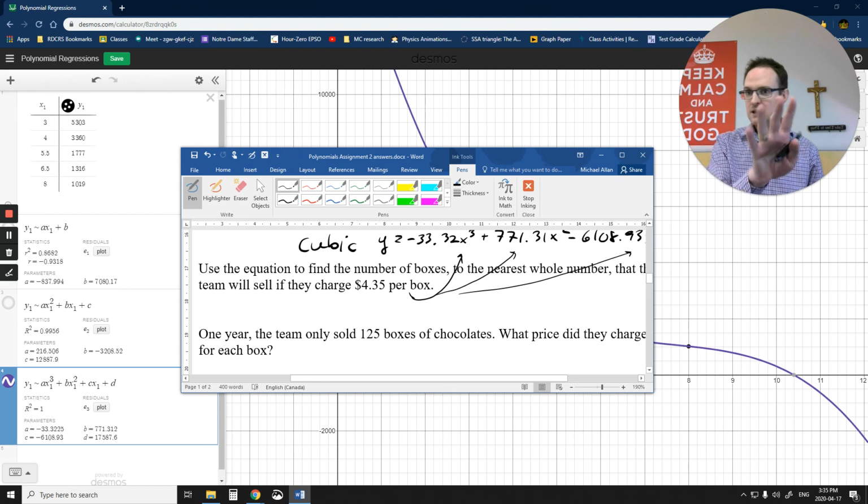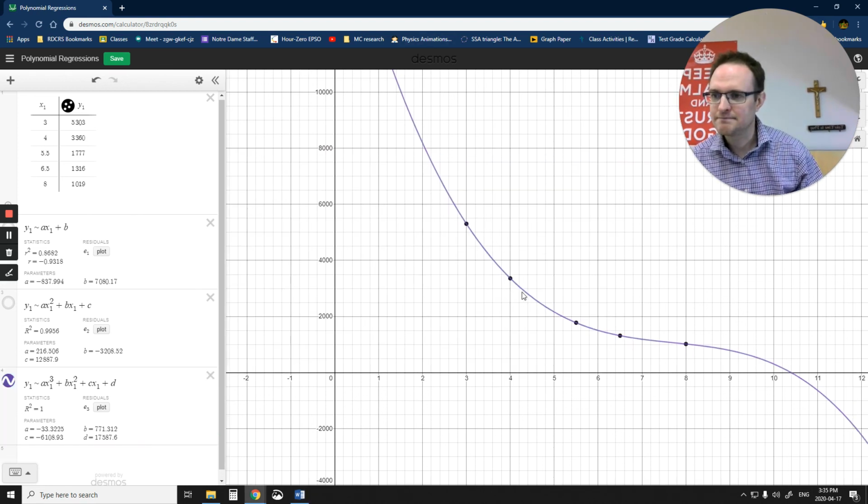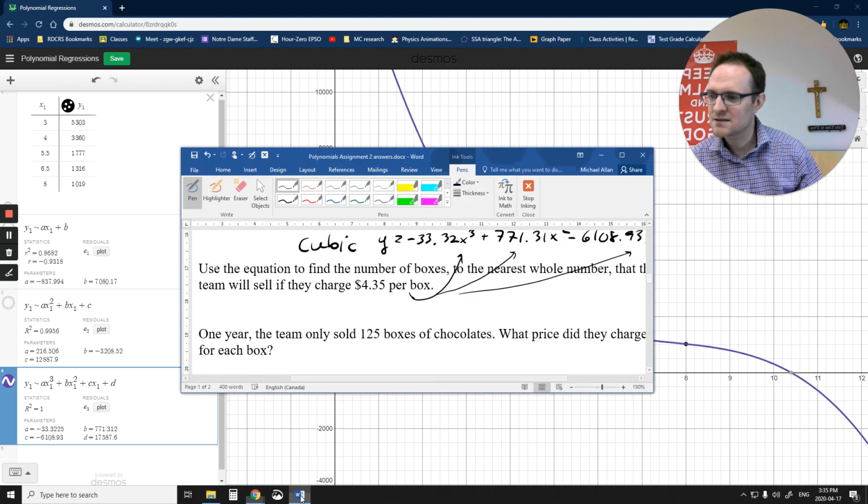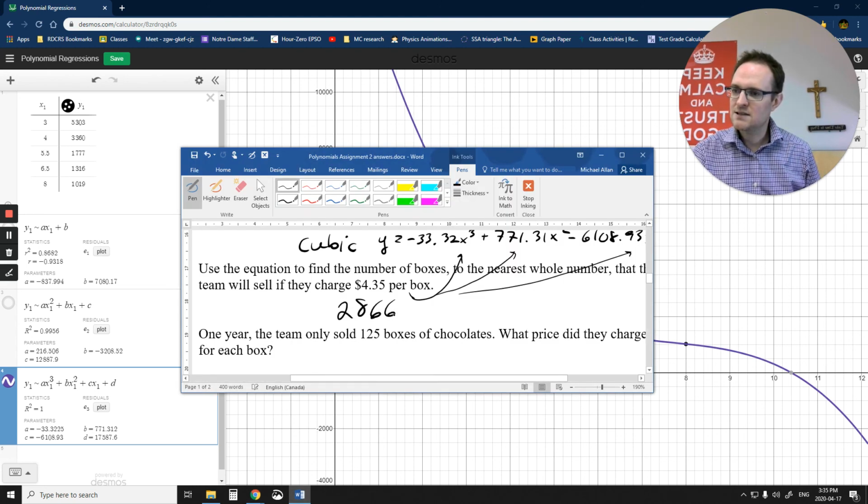You hit trace and type in 4.35. And on this one here, you're going to have to just click and drag until you find the right value. Right there, 2,866 boxes.